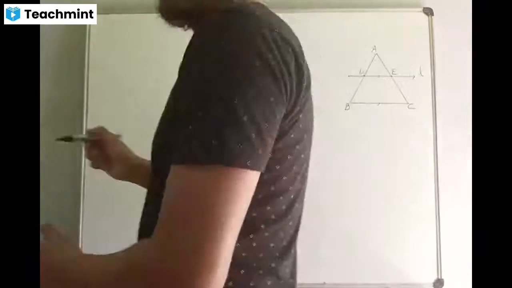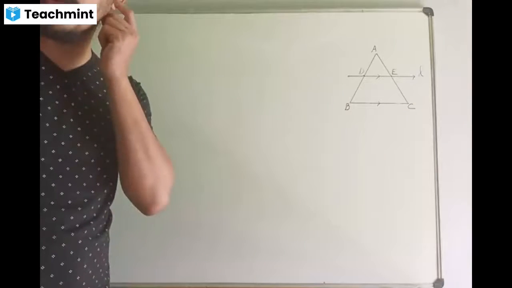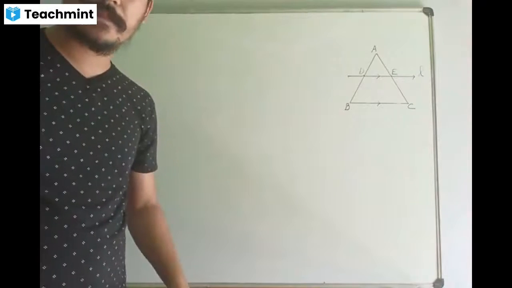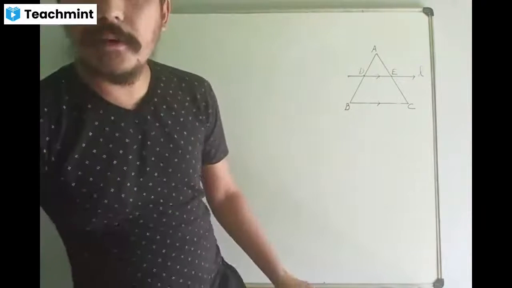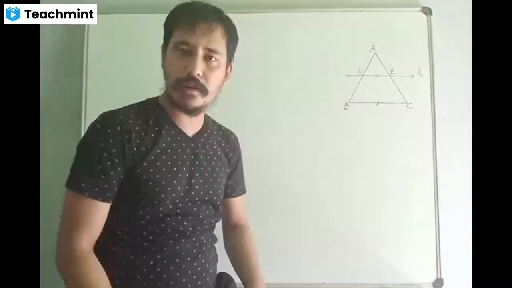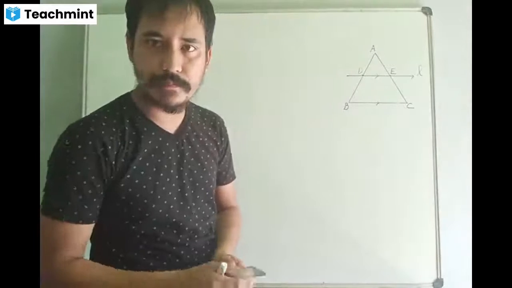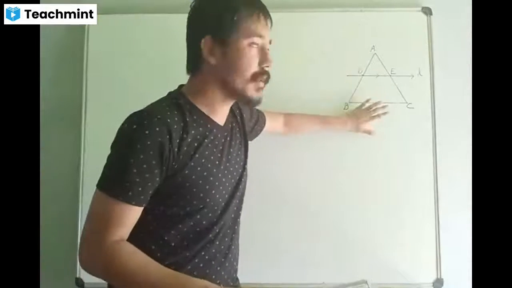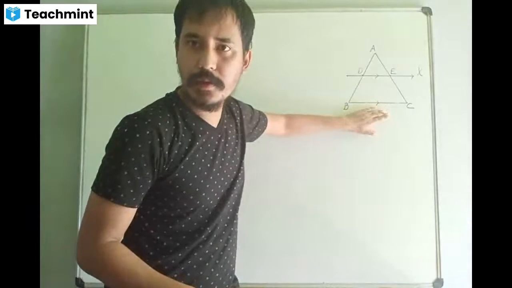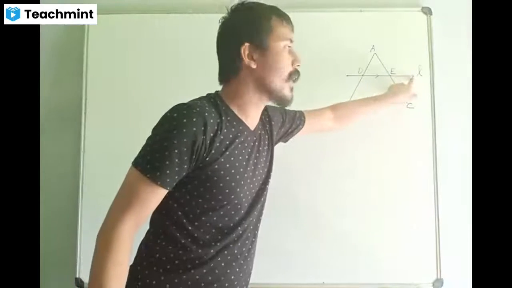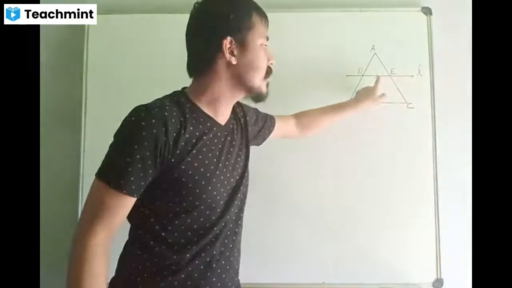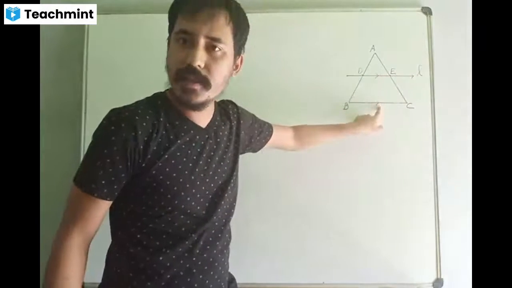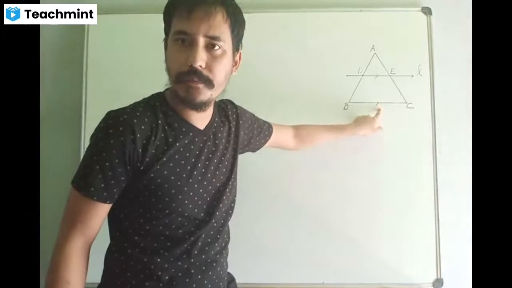So class, I have drawn the figure according to the statement. Is it okay? I have drawn a triangle ABC in which a line L is parallel to one side of the triangle, right?